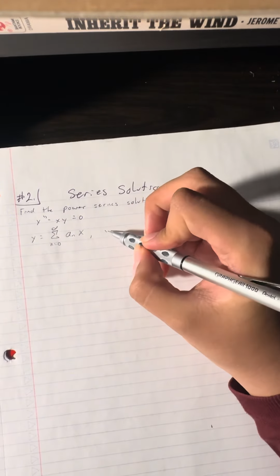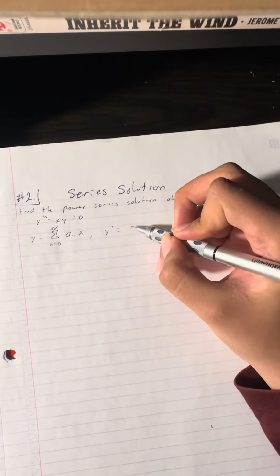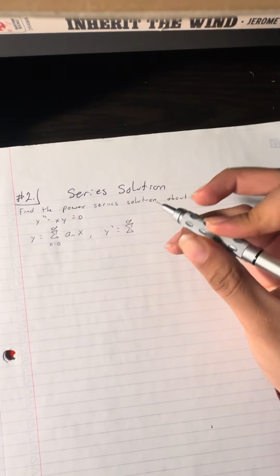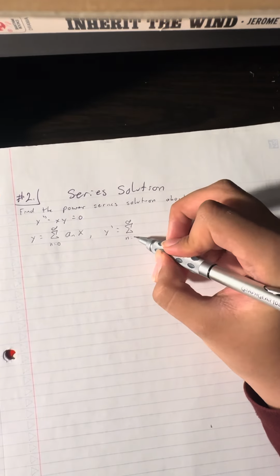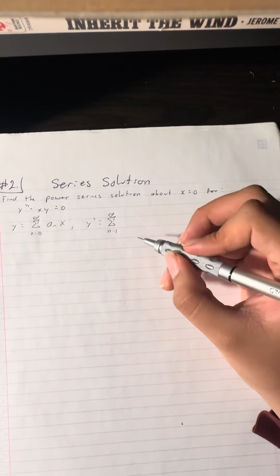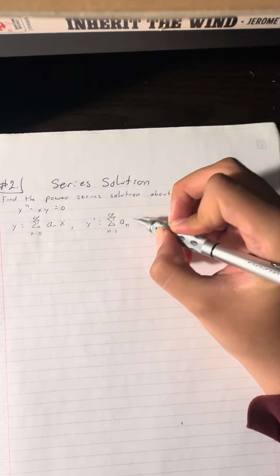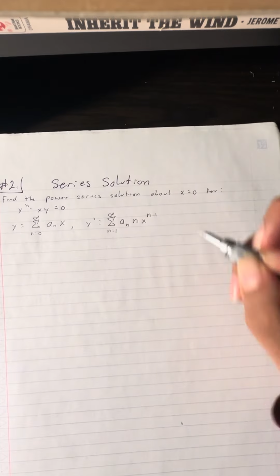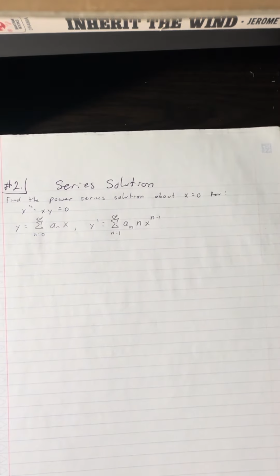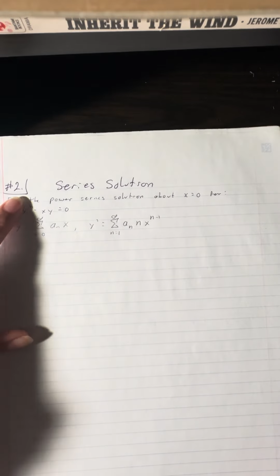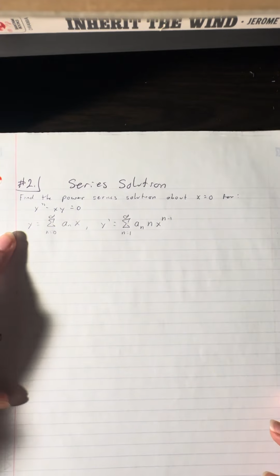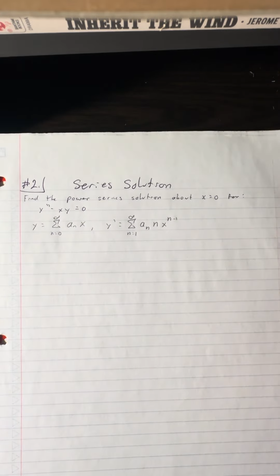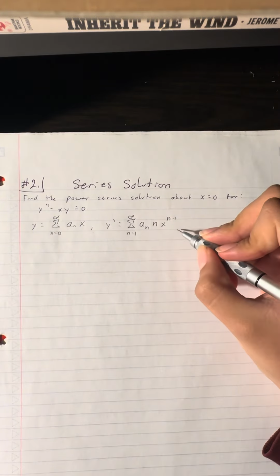Then y prime is the sum, infinity, and equals 1. And then I'm going to derive it again since we have a double prime here. I think it'll fit.